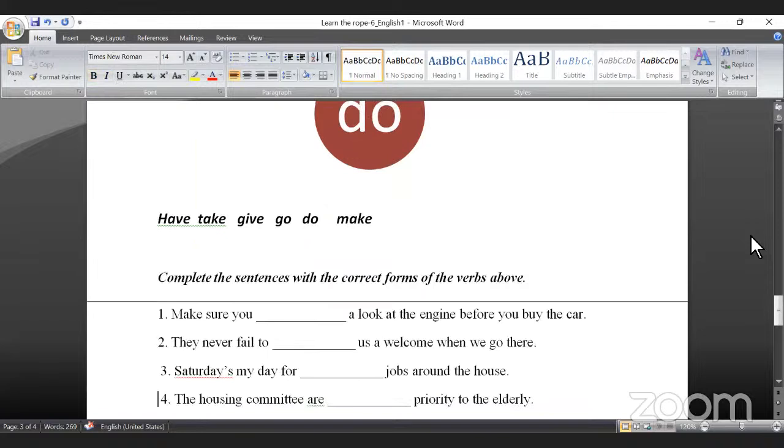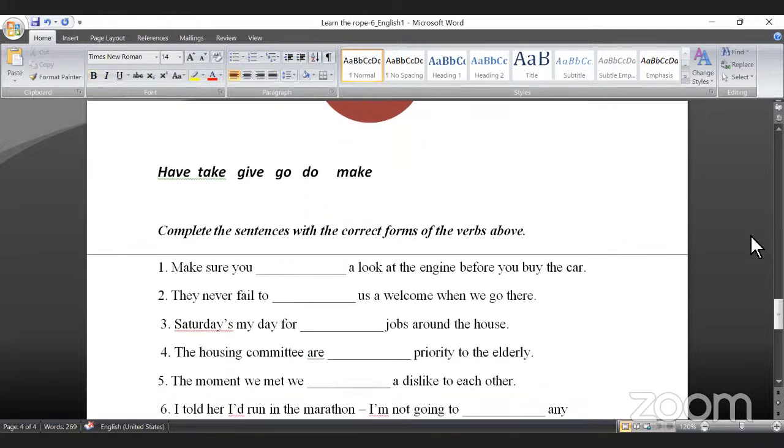So in our question, what will be the response? Saturday is my day for dash jobs around the house. What do you think would be a suitable response? Do jobs, my day for do jobs or doing jobs? Doing jobs, right?